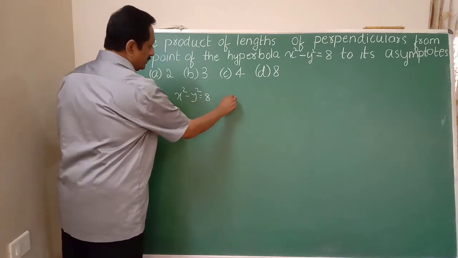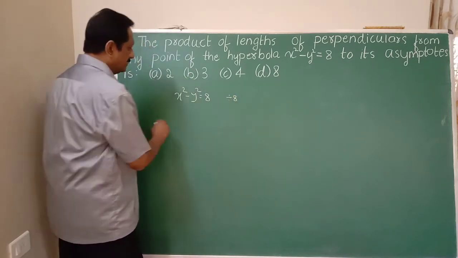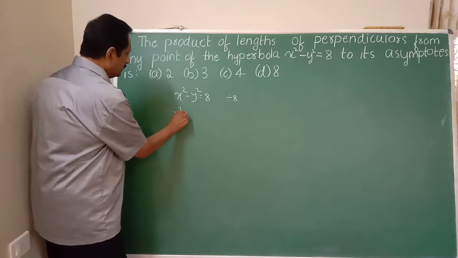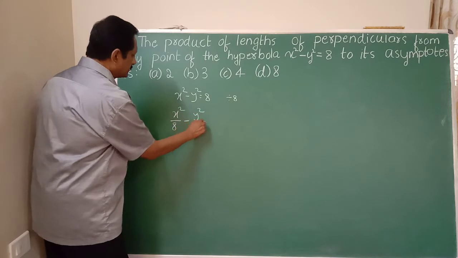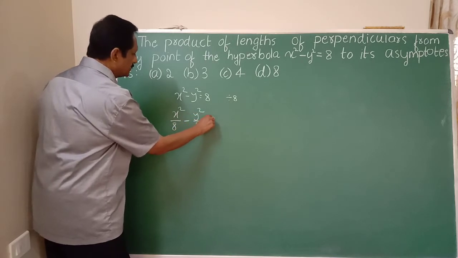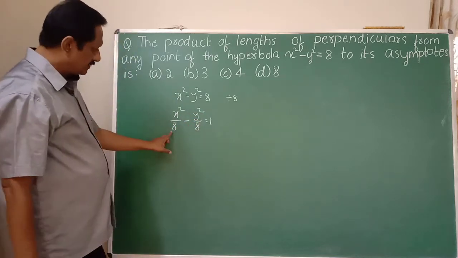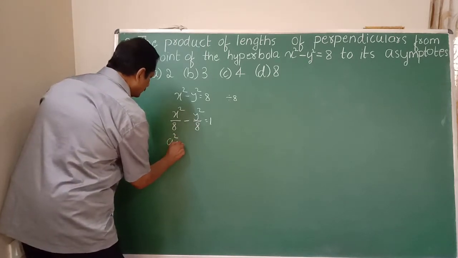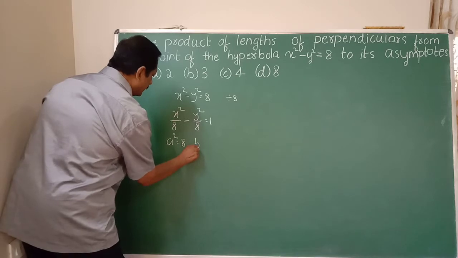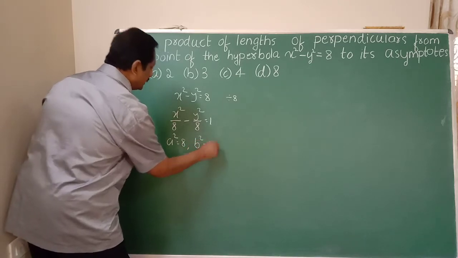Just dividing both sides by 8, hence x square divided by 8 minus y square divided by 8 is equal to 1. Here a square is 8 and b square is 8.